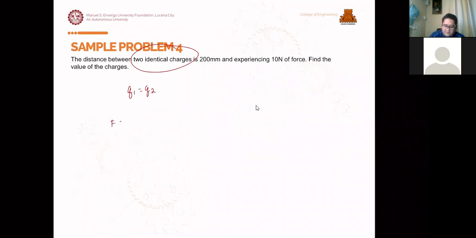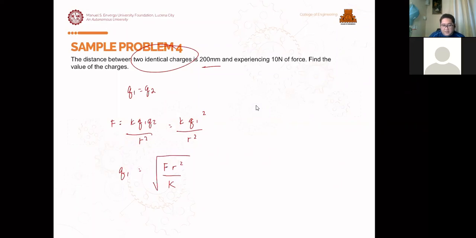So from our formula, that will be k Q1 squared over r squared. Given the distance, we are looking for Q1. So, Q1 will be equal to the square root of F r squared all over k.